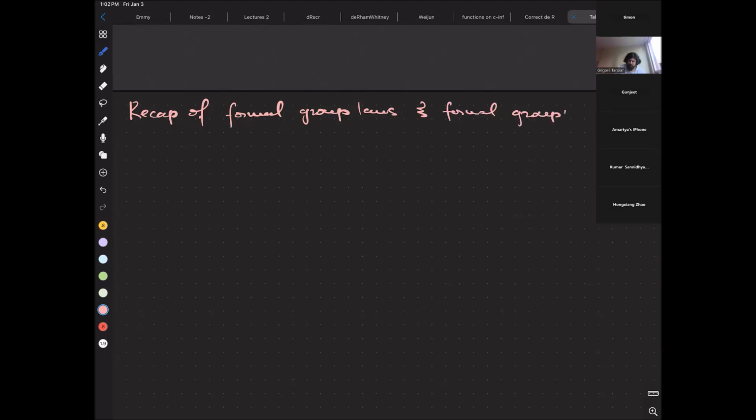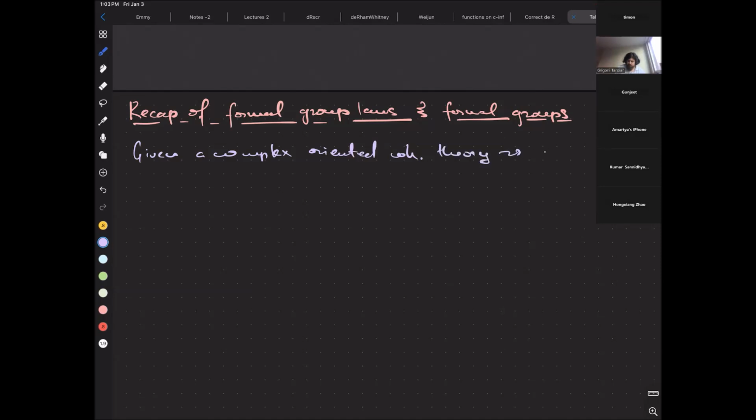So it was established that if you have a complex-oriented cohomology theory, you can produce a formal group law from it. Given a complex-oriented cohomology theory, you produce a formal group law, which is basically like a formal group, but with the choice of a coordinate.